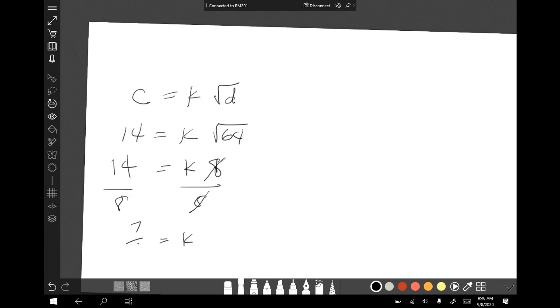So I can say 7 over 4. Is that okay? Okay, now we know K, so I can rewrite my equation as C is equal to 7/4 times the square root of D. So I just changed K in my original formula.